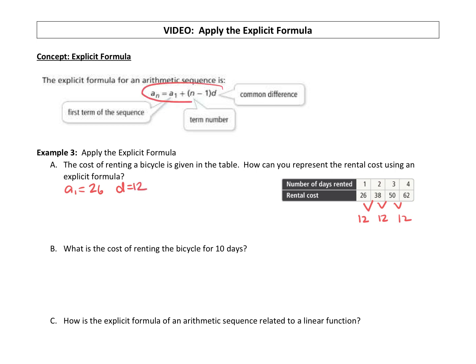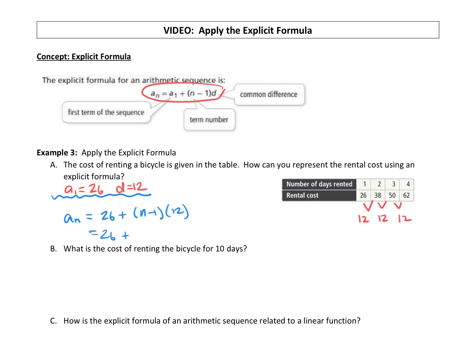And now we're going to plug those values into our explicit formula. So the explicit formula is a sub n equals a sub 1, our first term, which is 26, plus n minus 1 times our common difference, which is 12. We're going to go ahead and simplify this. We're going to distribute from behind our parentheses. This 12 is going to multiply to the n and to the negative 1.